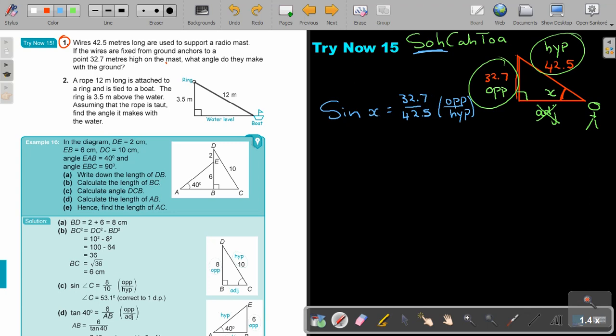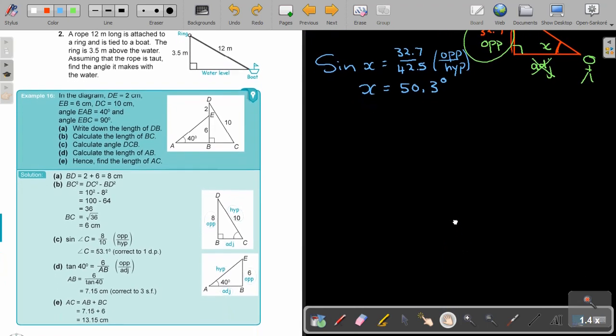Now again, it's an angle, so press shift or second function sin bracket 32.7 divide 42.5, close the bracket, and the value of X will be 50.3 degrees. So you can answer, what angle do they make with the ground? It makes an angle of 50.3 degrees to the ground.